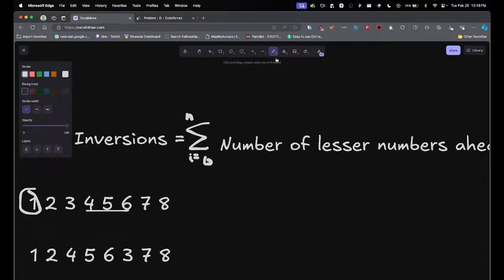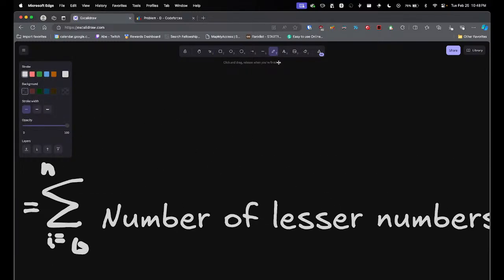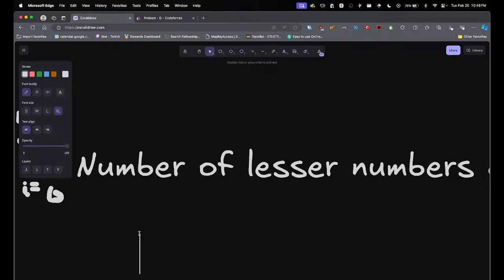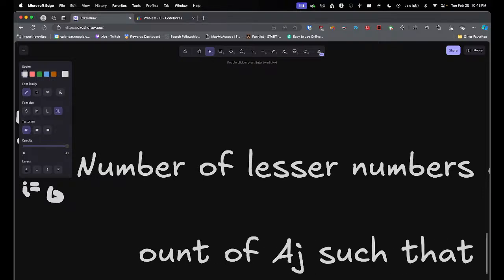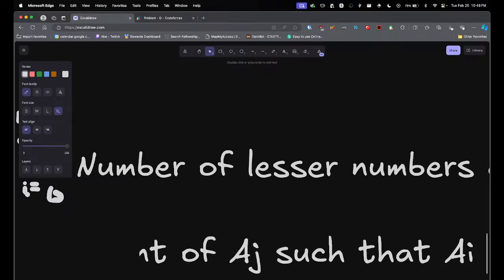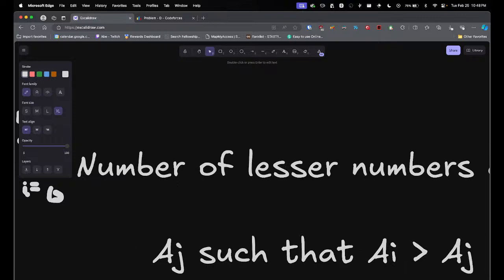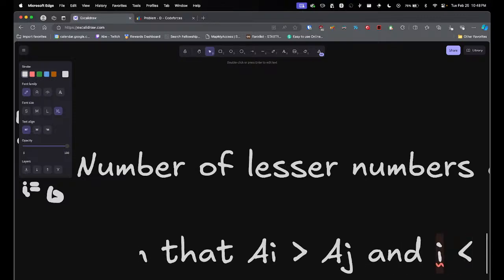In mathematical terms, it is the count of aj such that ai is greater than aj and i is less than j.